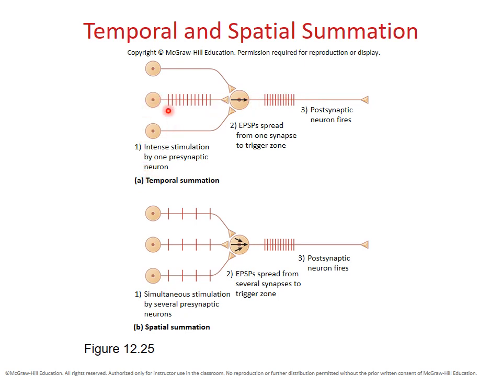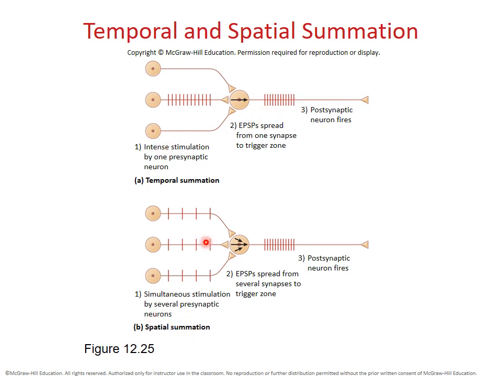Remember, in temporal summation, you're just looking at the effects at a single synapse, this one right here, and we get this high frequency of let's say excitatory postsynaptic potentials hitting the postsynaptic cell in one spot, one synapse. But they happen so frequently, they just continue to cause sodium to flood into the cell. That sodium then spreads to the trigger zone and creates then a high frequency of action potentials in the postsynaptic cell.